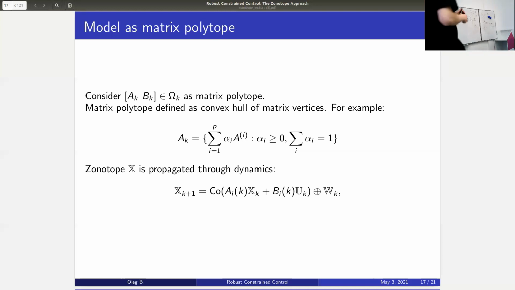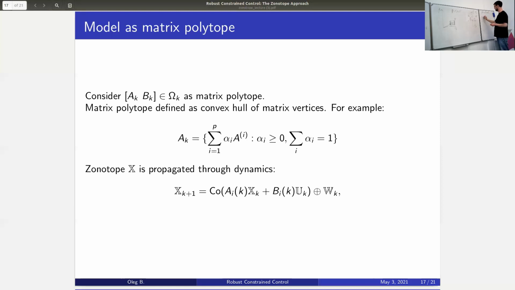So this is a V polytope, and here it is a convex combination. By the way, a convex combination is given by this equation that Oleg brought, with the constraint that the sum of all coefficients is equal to 1.